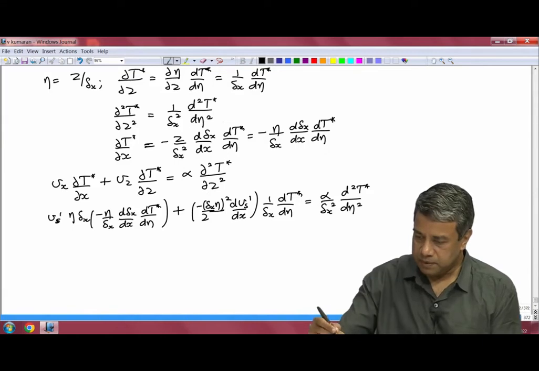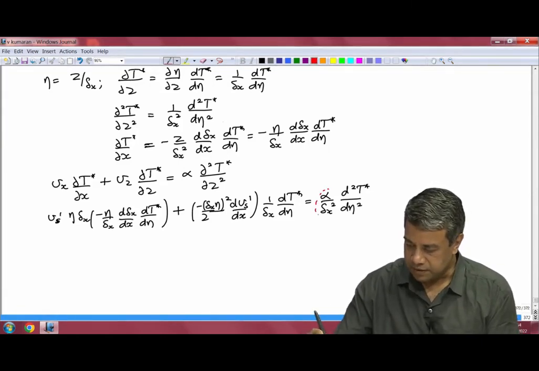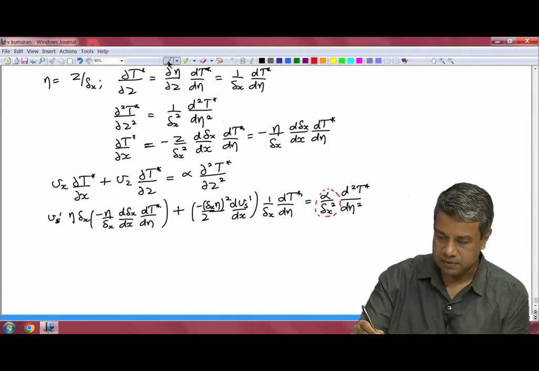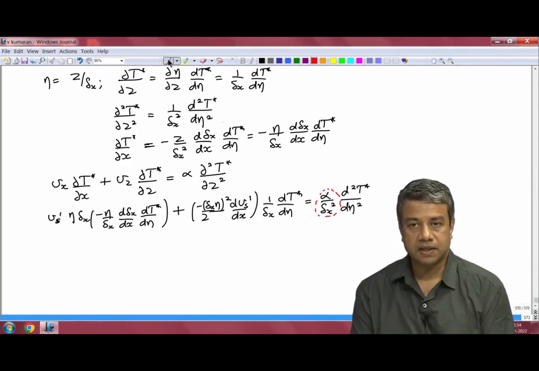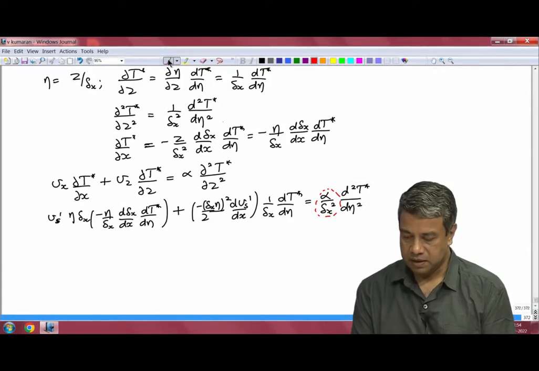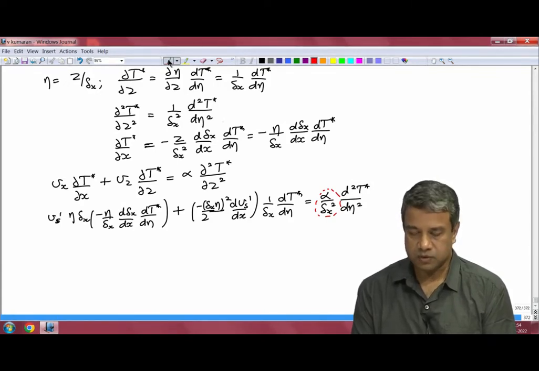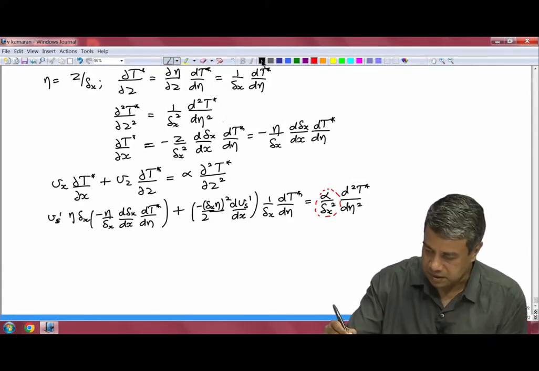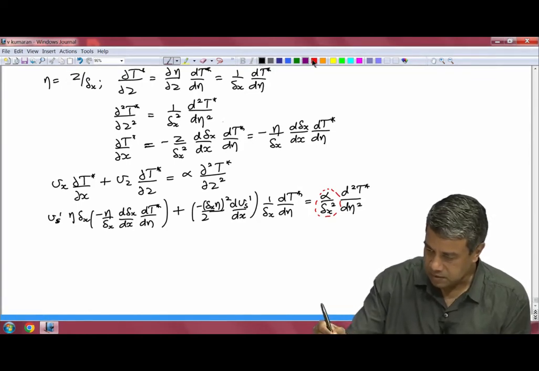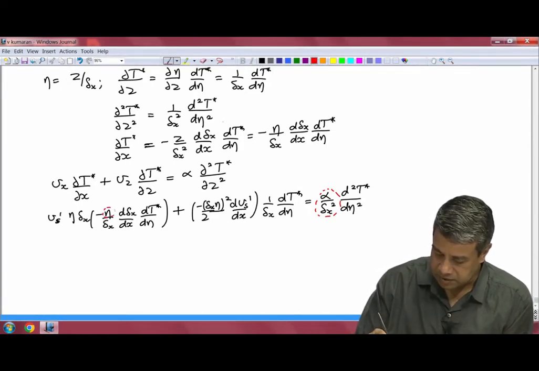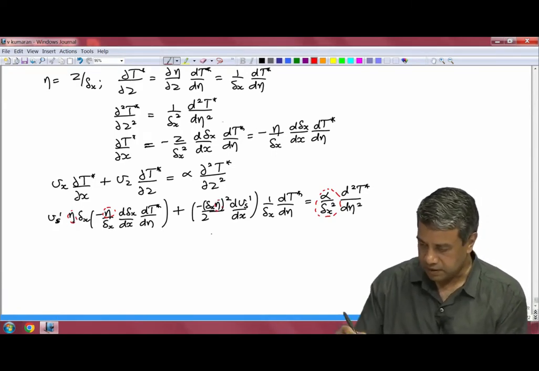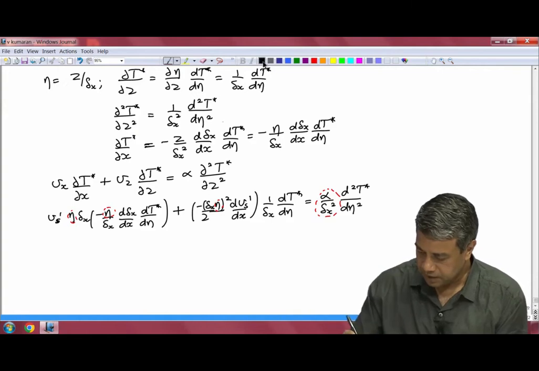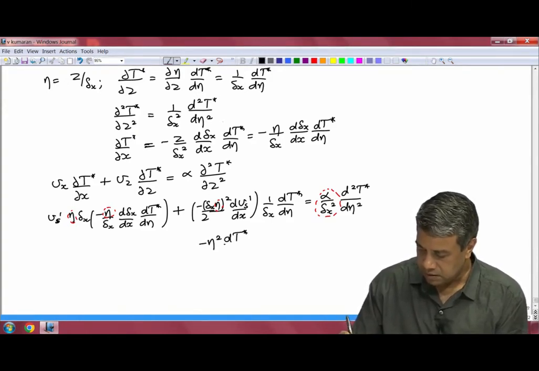Divide throughout by the prefactor on the right, so that the coefficient of the term on the right becomes equal to 1. And if I do that, you will see that I will get some common factors here. Note that both terms on the left are proportional to eta square times dt by d eta. So, I will get a common factor of minus eta square dt by d eta.